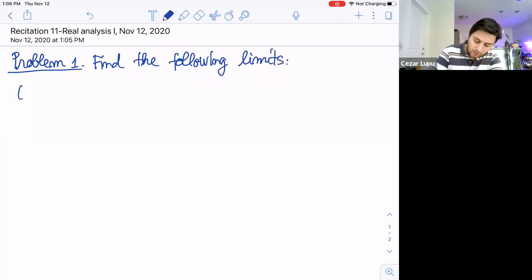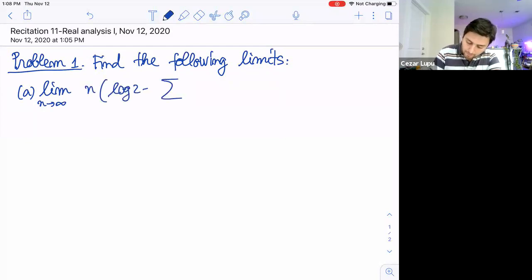The first one is the limit as n approaches infinity of n times log 2 minus this sum.